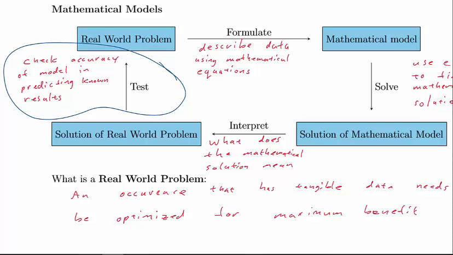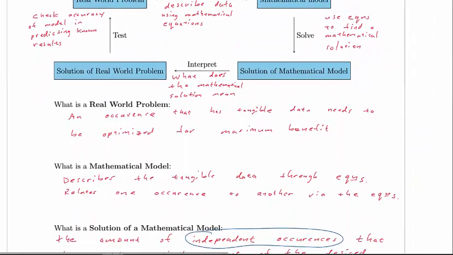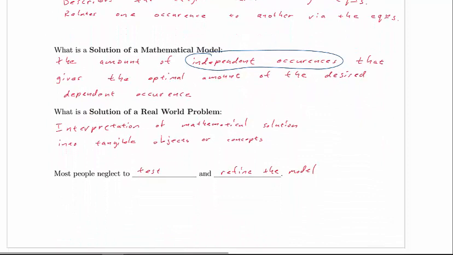Basically, you just look at old data and see if your model can accurately predict things that have already happened. And as new things happen, you want to check your model to make sure it is still working effectively. Always be testing a mathematical model you've come up with so that you may refine it, right? You always want to be tweaking it to make it work better. Most people do neglect this step. They neglect to test and refine the model.